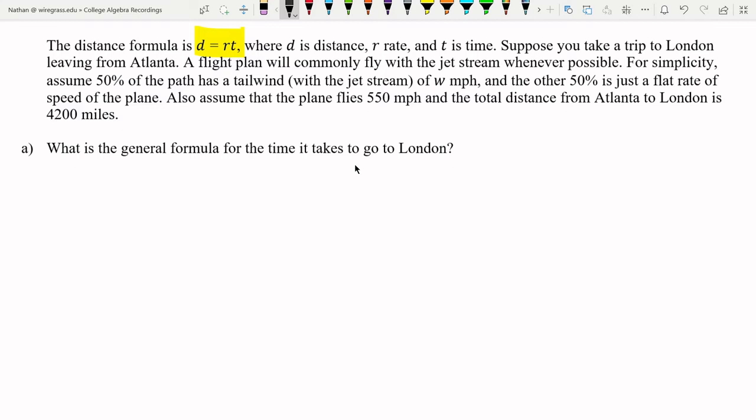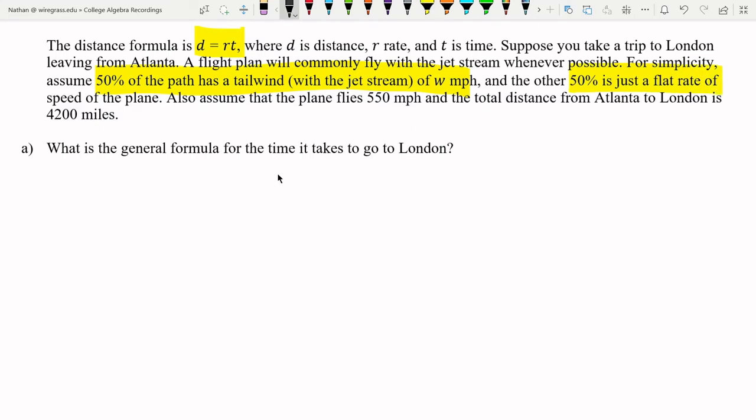It's just always a good thing to fly with the jet stream whenever possible. And along this trip from London to Atlanta, Atlanta to London, the jet stream does tend to flow that direction. And there tends to be about 50% with the tailwind and 50% that's not affected much by the jet stream at all. So we're going to say half of it's going to be with a tailwind. So we're going to increase our speed by W. And the other half is just the speed of the plane.